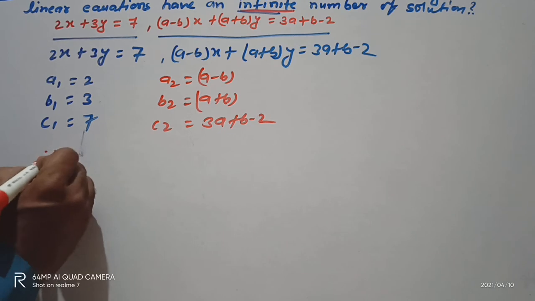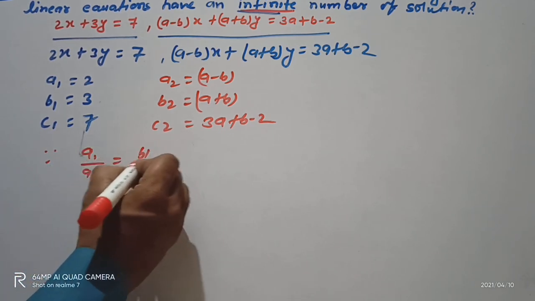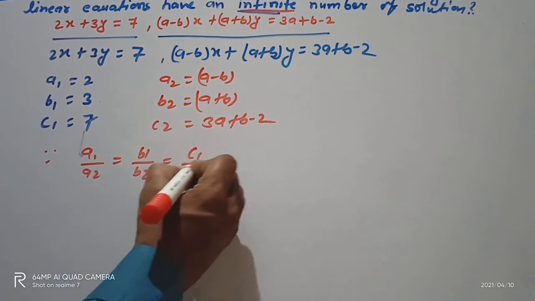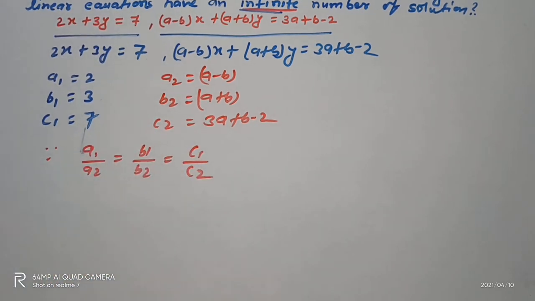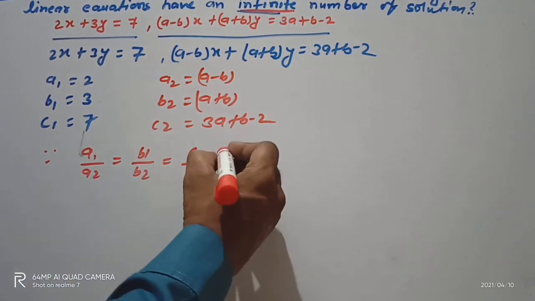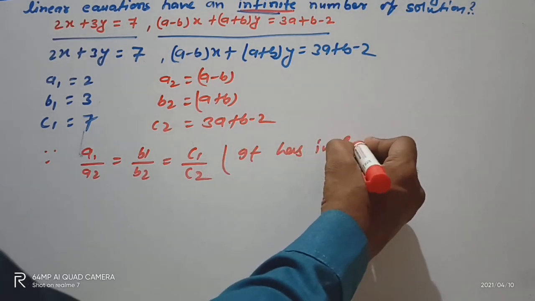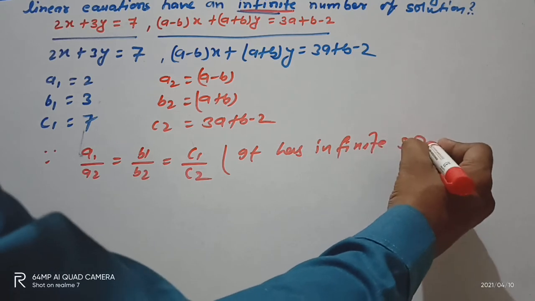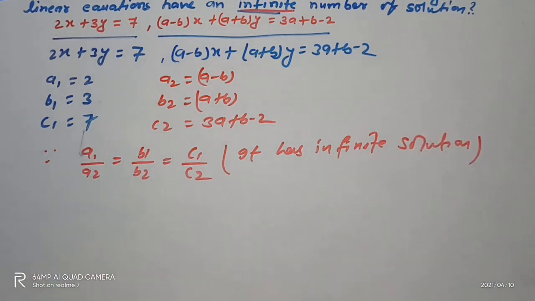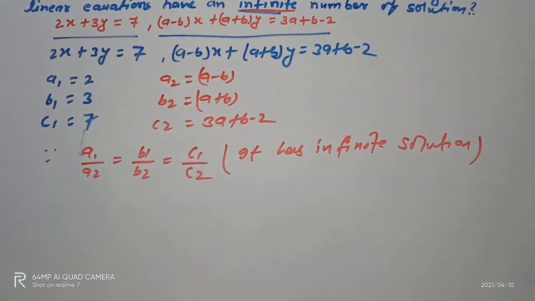So you can write: since a1 by a2 is equal to b1 by b2 is equal to c1 by c2, it has infinite number of solutions. So since it's given that this pair has an infinite number of solutions, we will put in the values given here, and then we will find all those things.